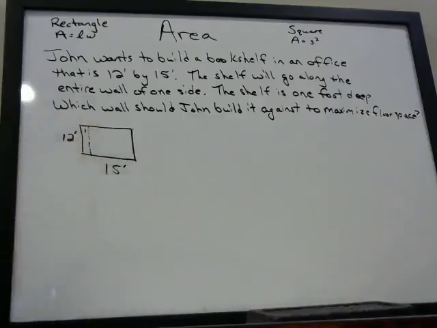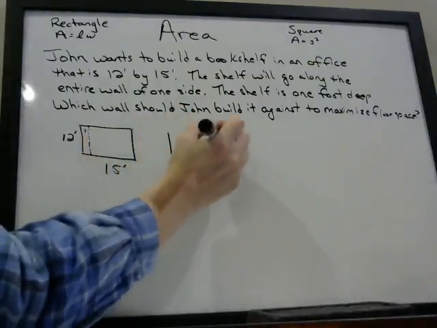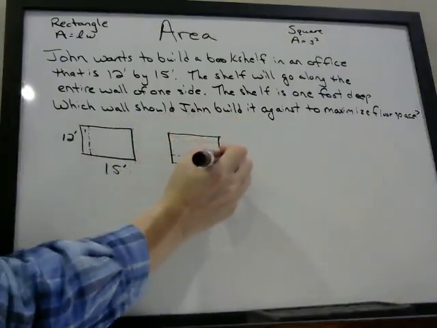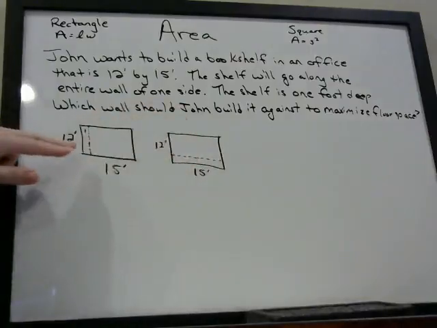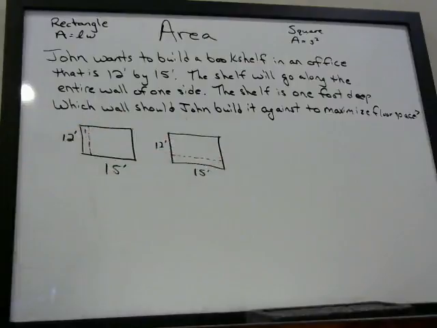So should he put it there? Or should he put it here, against this wall? That's really the question. And he wants to have the most floor space that he can.